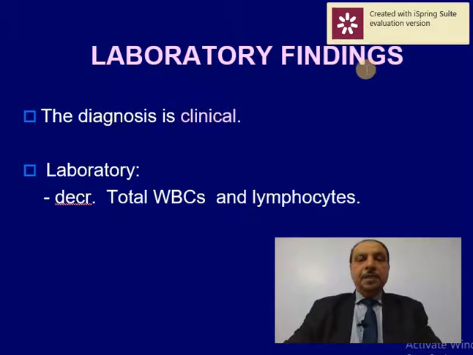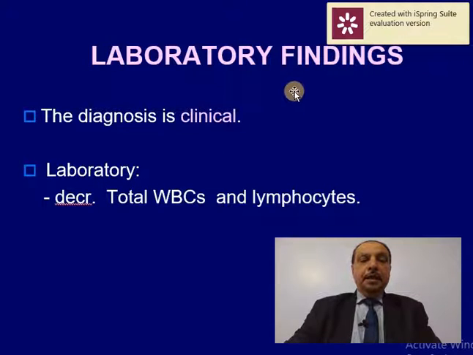How to diagnose measles? Usually the diagnosis is clinical, according to the clinical picture. First of all, from the history of contact with a case of measles, for example, the vaccination history against measles and whether the patient received a booster or not.